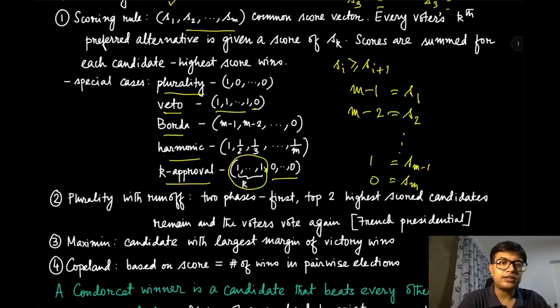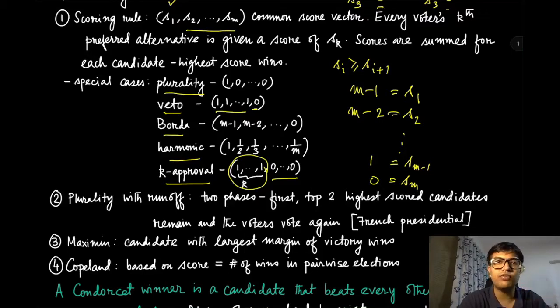Now there are slight modifications of this plurality rule, which is known as plurality with runoff. There are two phases in this kind of voting rule. In the first phase, all the candidates participate and people cast their votes in the usual plurality form, and then the top two candidates are selected, and all the voters are asked to vote again. After the first phase, everybody except the top two has been eliminated.